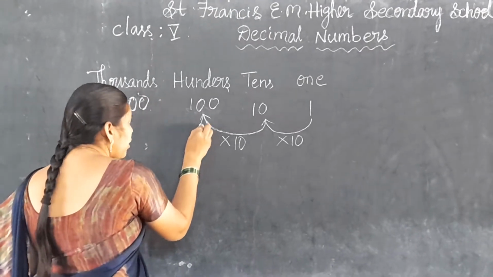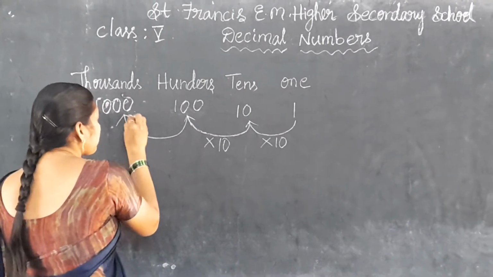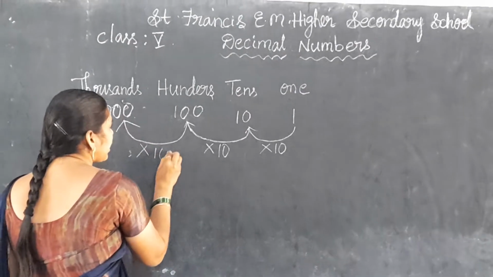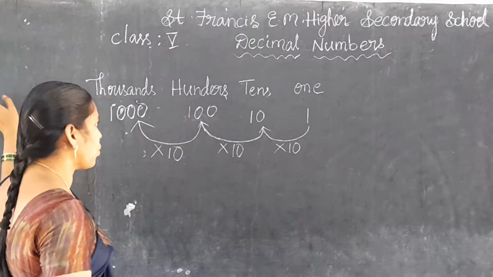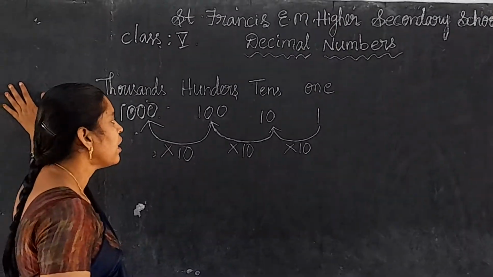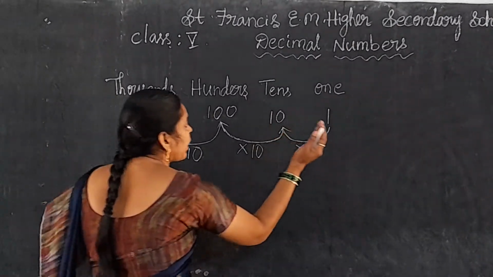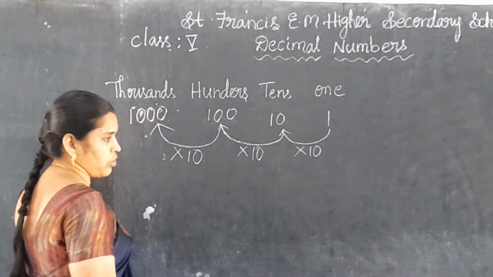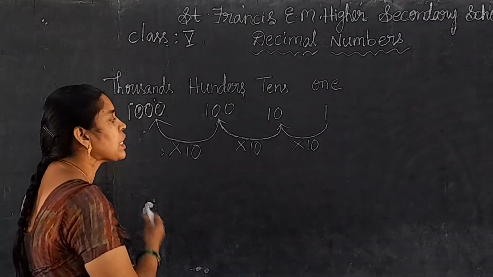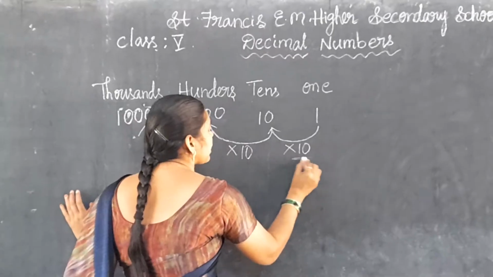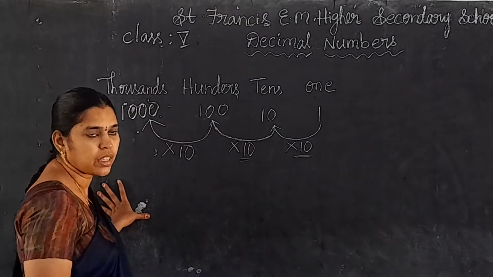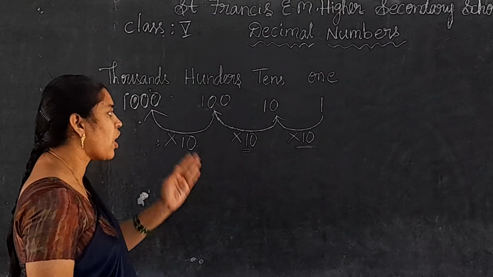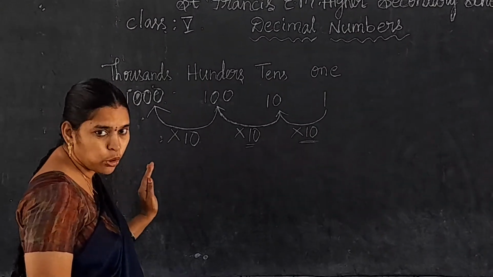This 100, if you are multiplying by 10, you will get 1000. Like this, it goes, right to left. Each time you multiply by 10, the next place value will come, in reversing order. This is very important.